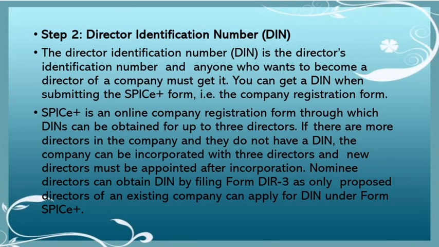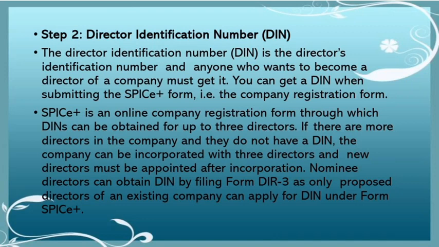Here, a single person entity must compulsorily be notified to the online company registration through SPICE Plus. A DIN must be filed from 2 only. Nominees of the directors can be obtained through the DIN process, which compulsorily involves 3 members.